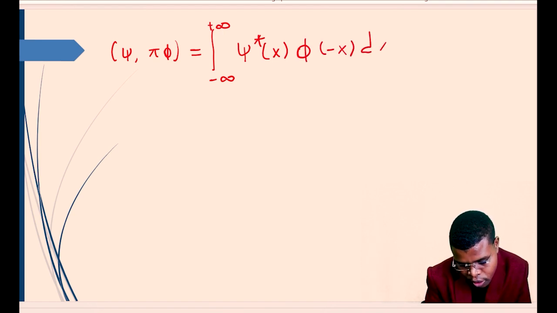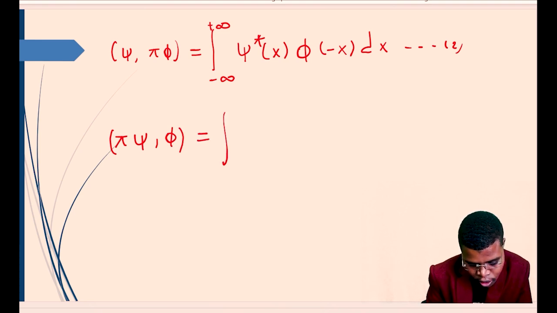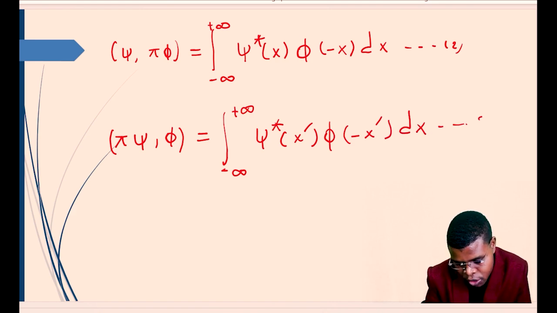This is equation number 2. And equation number 3 is ⟨Pψ, φ⟩ equal to the integral from minus infinity to positive infinity of ψ*(x′) φ(−x′) dx′. This is equation number 3.